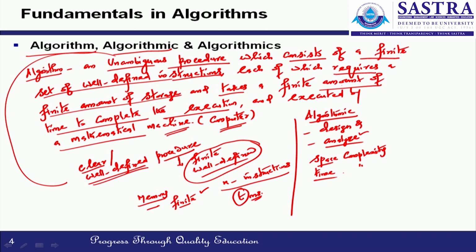Time complexity defines how much computational time is required to complete the execution of the algorithm. So the study which focuses on the design and analysis of the given algorithm is said to be the term algorithmics. Algorithmics is the study of computer algorithms.